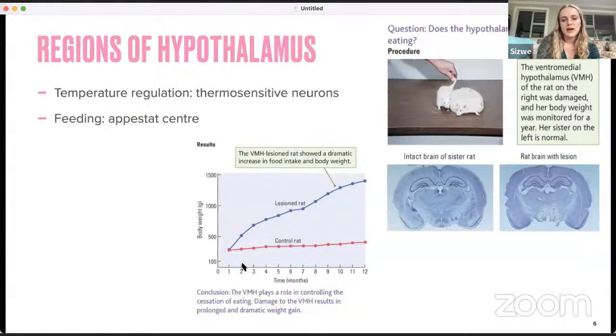This is the sister rat. This was fine. Since the VMH, the ventromedial hypothalamus, where the apostat center is, was damaged, the rat couldn't really control its food intake as well as its body weight. That's why you can see she's a bit of a chunk.